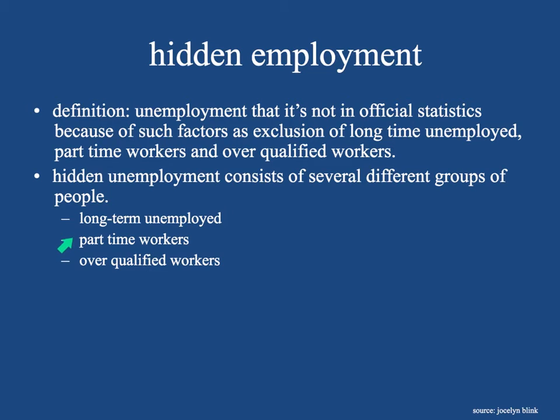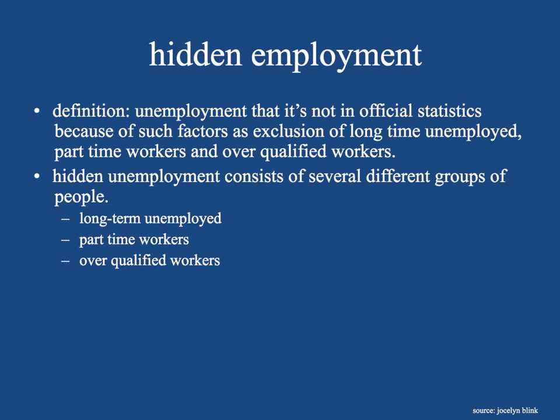Unemployment also does not take into account part-time workers, right? And so this is part of the hidden unemployed. They're people who have part-time work but they would really like to be working full-time. If you've ever had family members who got laid off from a full-time job, and then all of a sudden they got a job, but they're working only maybe 10, 15 hours a week. Well, a full-time job in most industrialized nations gives you 40 hours of work, or at least 40 hours of pay.